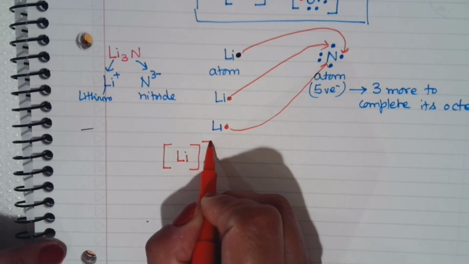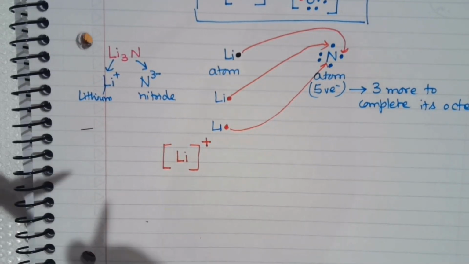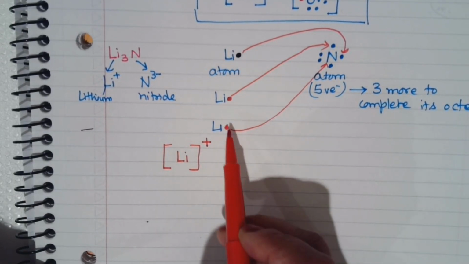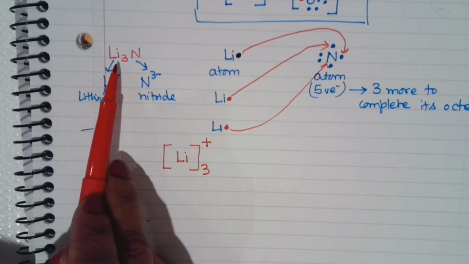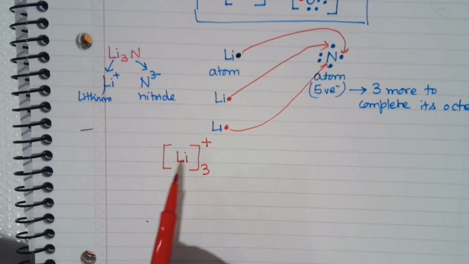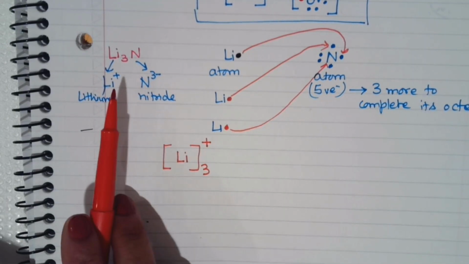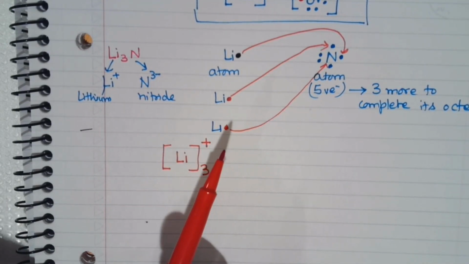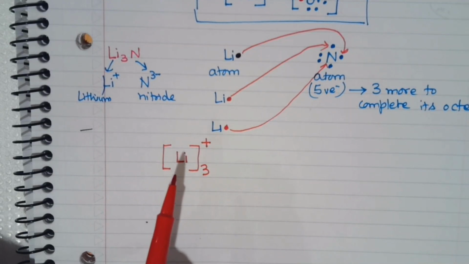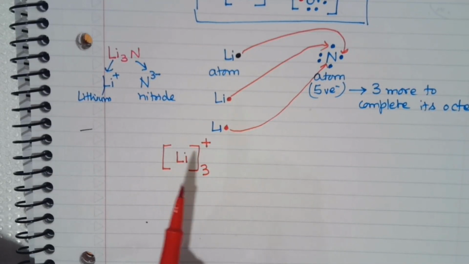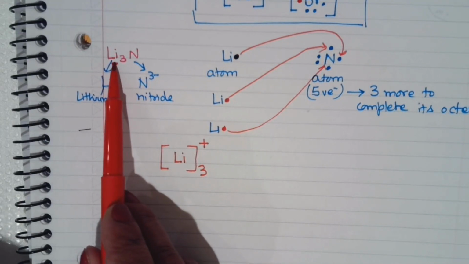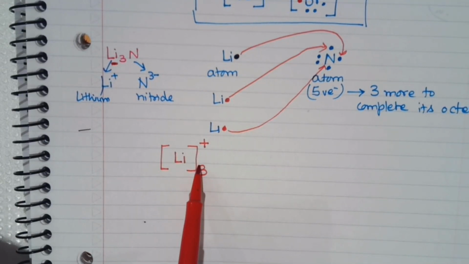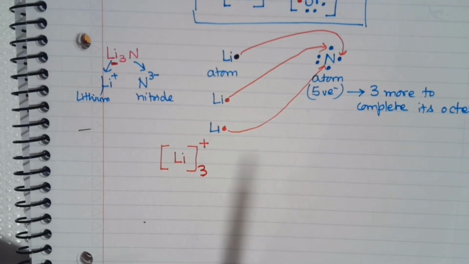So lithium gains a charge of 1 plus, and then we need 3 lithium atoms. So I'm going to put the subscript. We always draw only one cation and one anion and use the subscripts if we have multiple cations or anions in the formula. So in the formula, we have 3 lithiums, right? So we have to write the subscript 3 here.